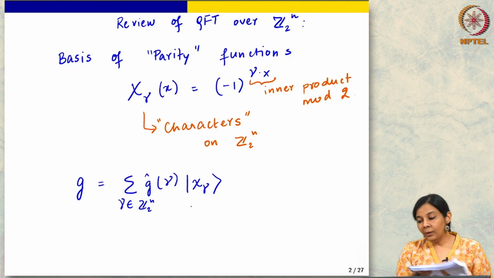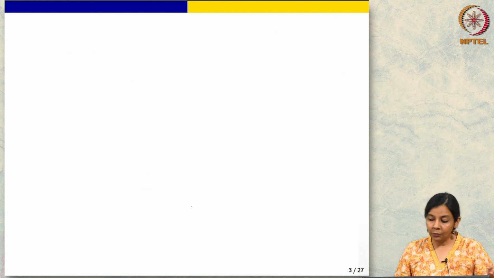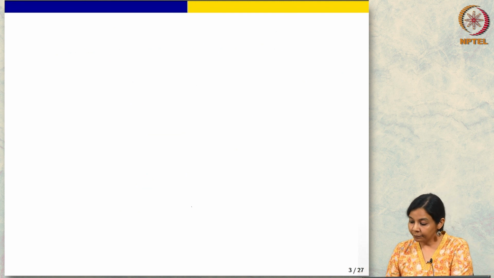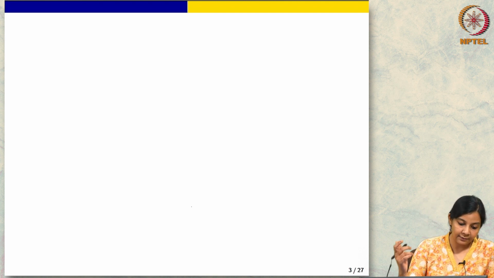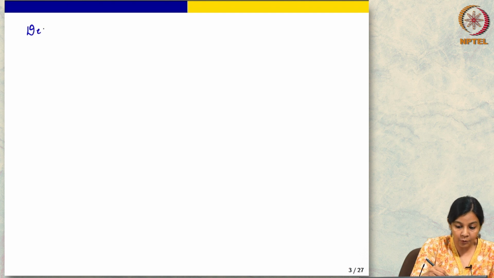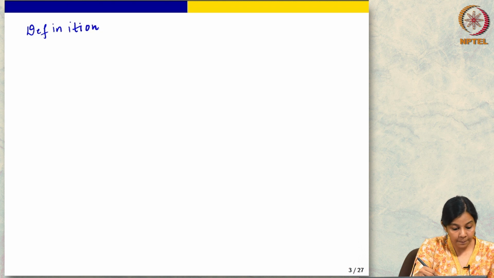Now let us dig a little bit deeper into this notion of characters. We already saw all the properties that make these functions characters. We will just be a little more formal now. So, let us look at a definition.